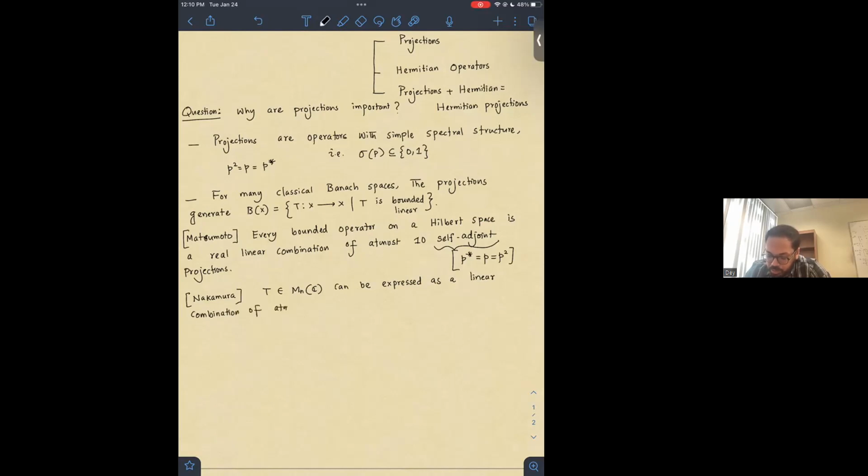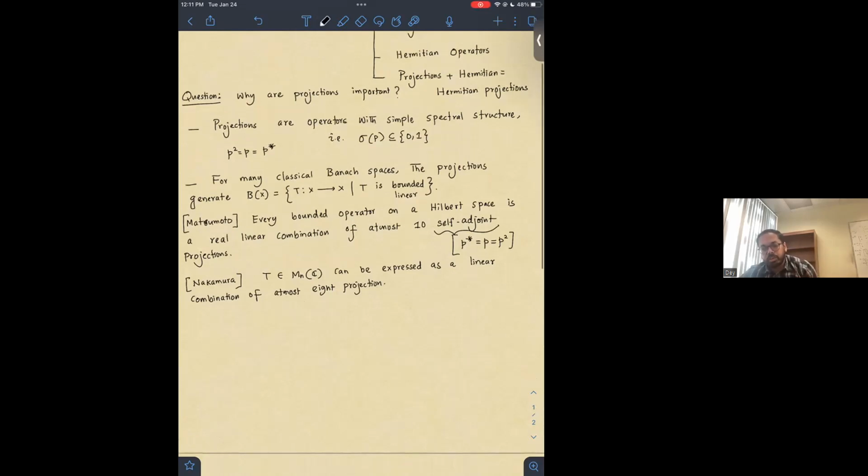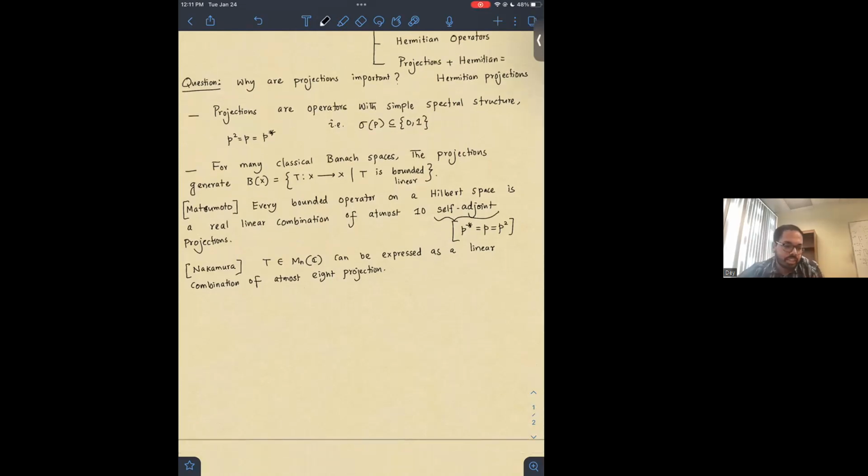As was mentioned, this number is sharp, but this is only true for finite dimensions. For any operators on finite dimensions, for M_n(C) specifically, people are able to prove that it is a combination of 8 projections. But in general, for infinite dimensional Hilbert space, separable or non-separable, the sharpest bound that I know, and I believe, is 10.